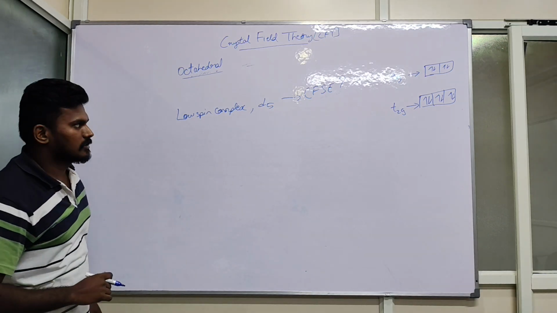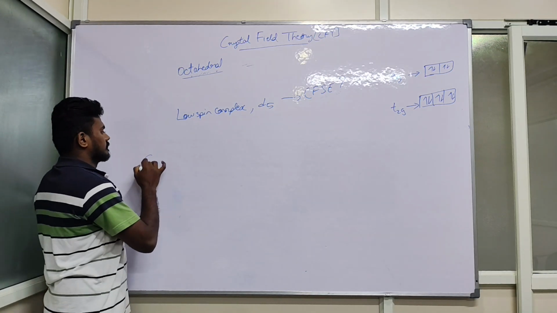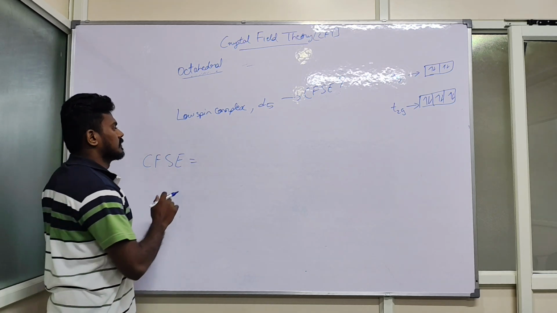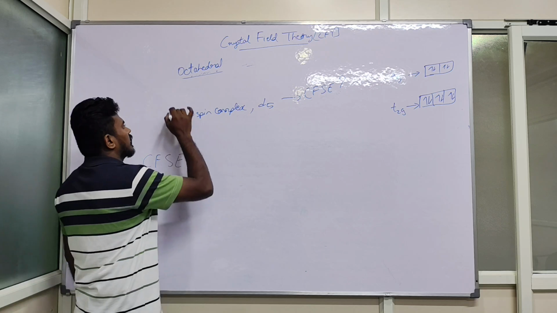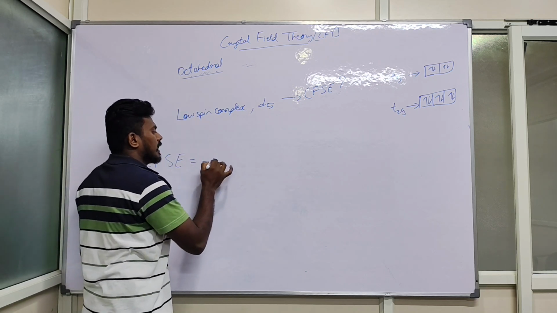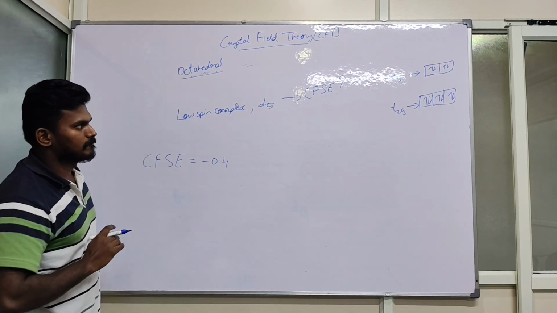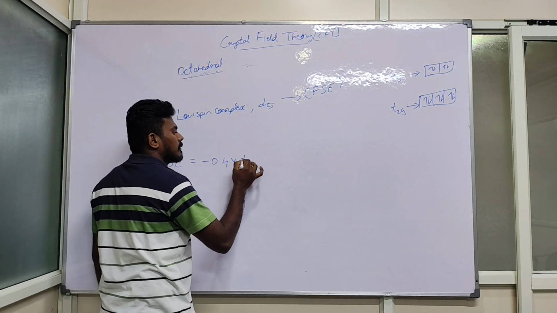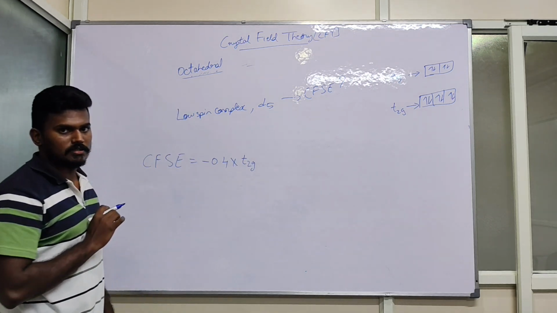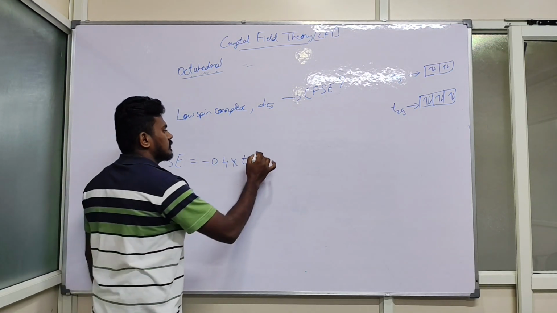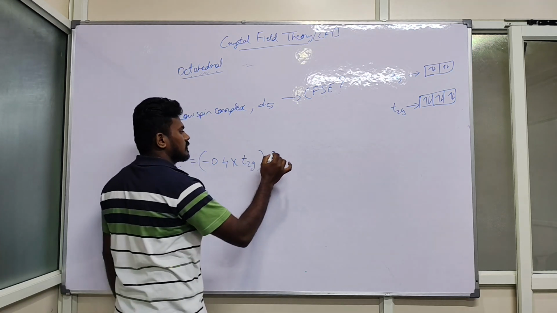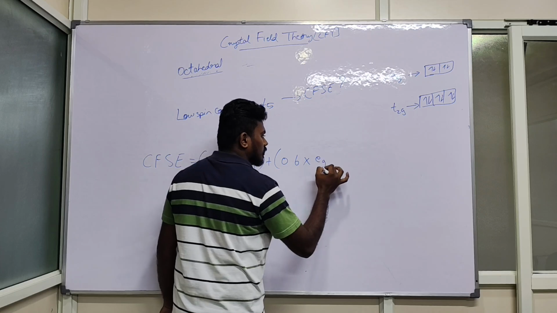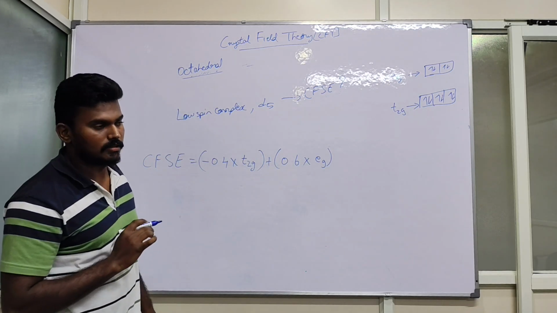To calculate the CFSE value, there is a formula where CFSE, for the octahedral complex only, will be calculated as minus 0.4 of the t2g multiplied by the total number of electrons present in the t2g orbital, plus 0.6 into the number of electrons present in the eg orbital.